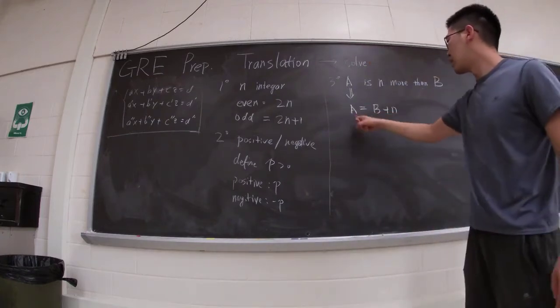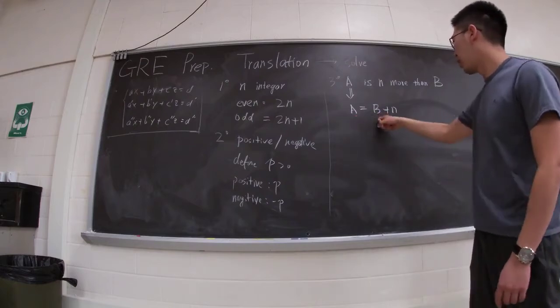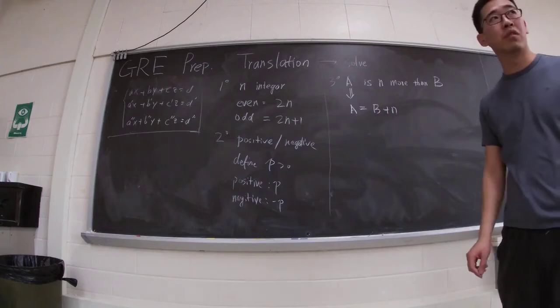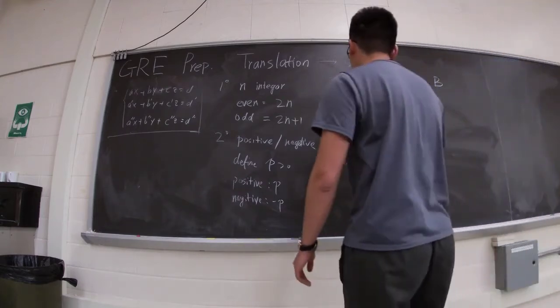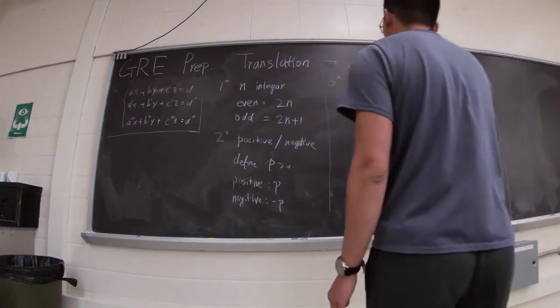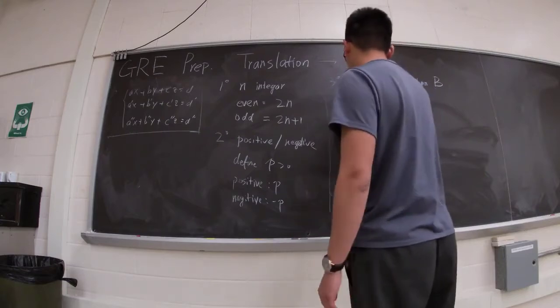Like a is how much a has, b is how much b has. Then you can translate it from English into simple equations. Same thing with less than, which is just the other way around.